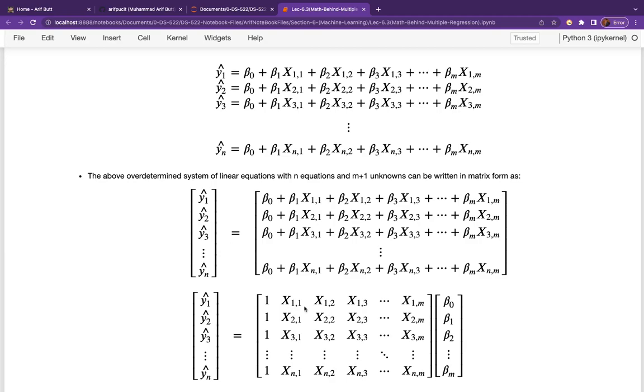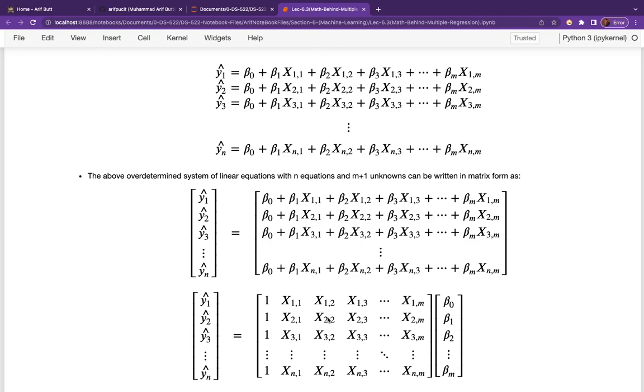Well, this matrix X is an n by m plus 1 matrix, n rows and m plus 1 columns. My dear students, it has m plus 1 columns because of the additional intercept, which we take as 1 over here. In matrix X, once again, it is important to understand that these subscripts, you can think of it as xij.